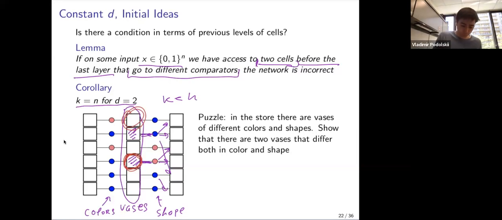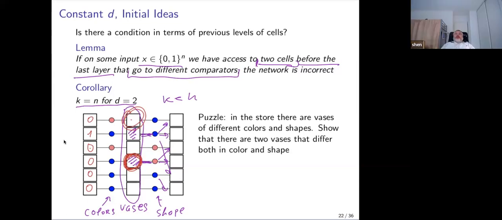For example, in the red comparator I set it to 0 and 0, and then I have access to this cell. In the blue comparator, I can set 1, 0, 0, 0, and I have access to this cell now. And they go to different comparators, so they will give me access to different cells on the output.